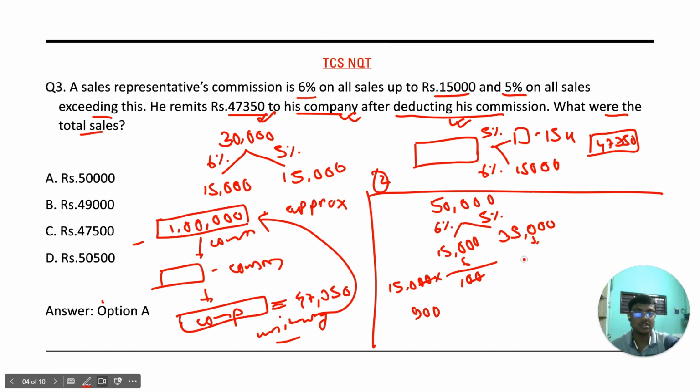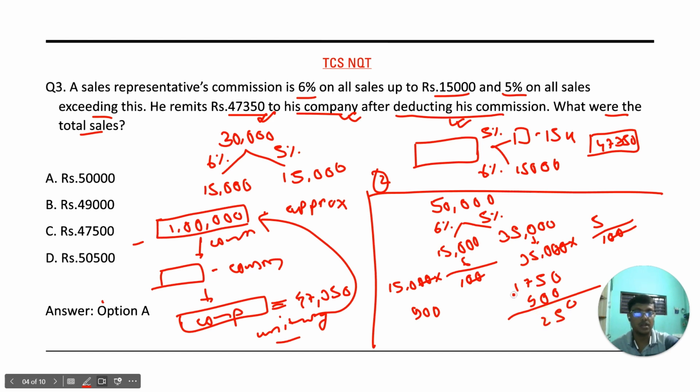So 900 is the commission in this case. And for this case, we would have 35,000 into 5 by 100. Two zeros would be cancelled. And then we have 5 zeros are 0, 5 fives are 25, 2 carried, 5 threes are 15 to 17. 1750.